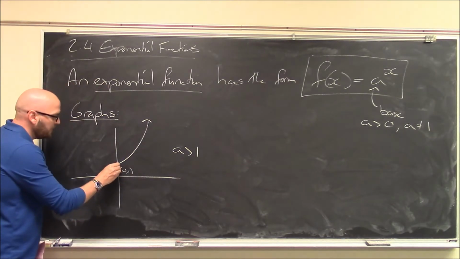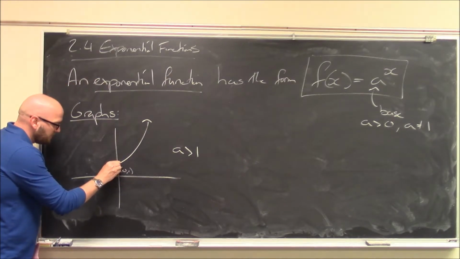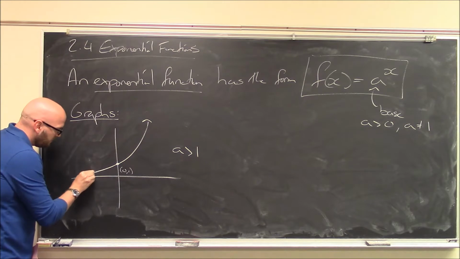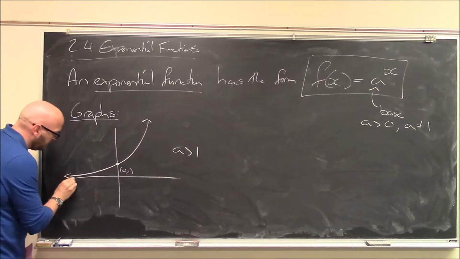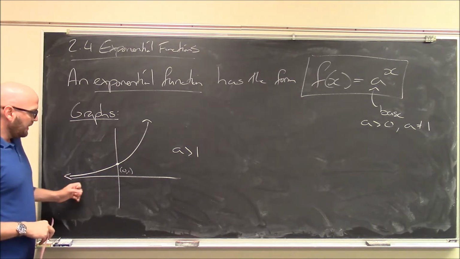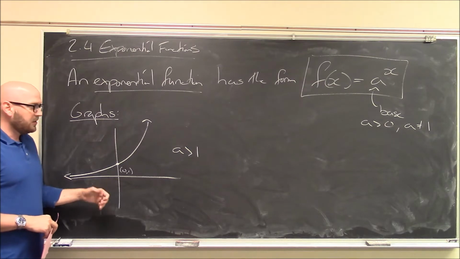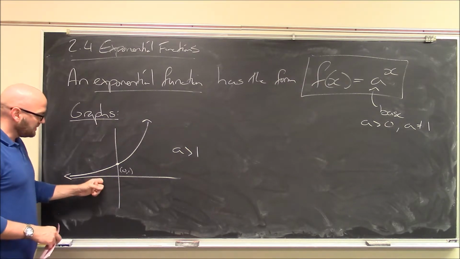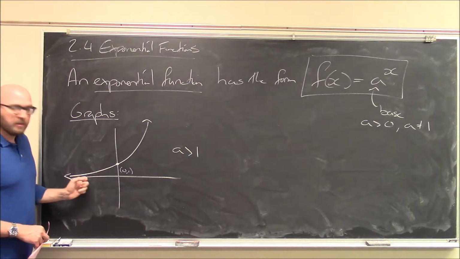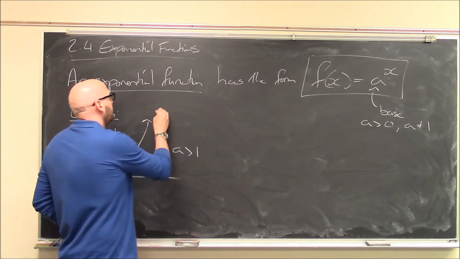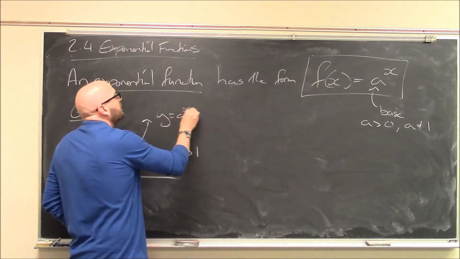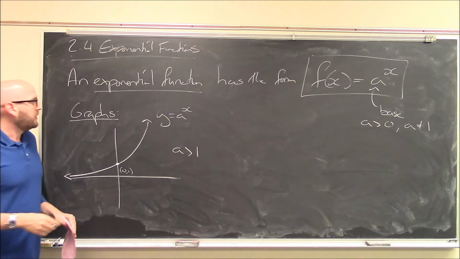So this becomes 1 over some huge number, and 1 over a huge number is a very small number. So this shrinks to 0. It never actually equals 0, right? It's still 1 over some positive number, so it never actually gets to 0, but it still gets very, very small. So this is the graph of y equals a to the x when a is bigger than 1.